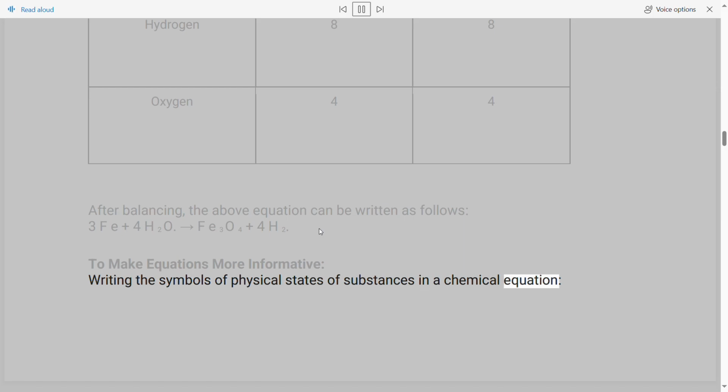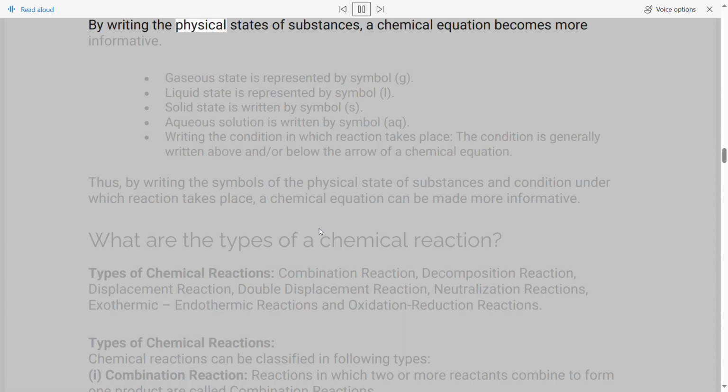To make equations more informative, we write the symbols of physical states of substances in a chemical equation. By writing the physical states of substances, a chemical equation becomes more informative. The gaseous state is represented by symbol g. The liquid state is represented by symbol l. The solid state is written by symbol s.